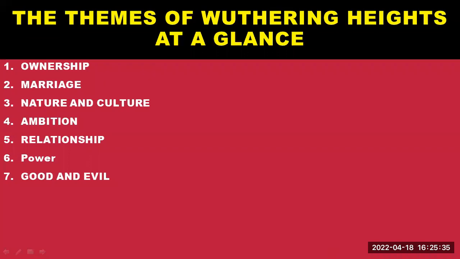We shall begin by looking at the themes of Wuthering Heights at a glance. Number 1, ownership. 2, marriage. 3, nature and culture. 4, ambition. 5, relationship. 6, power. And 7, good and evil. Now, this will bring all the themes we discussed to 14.